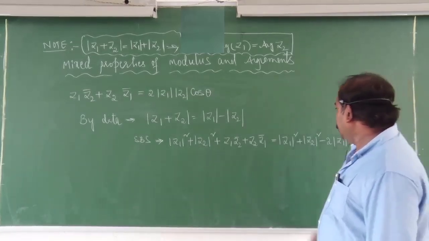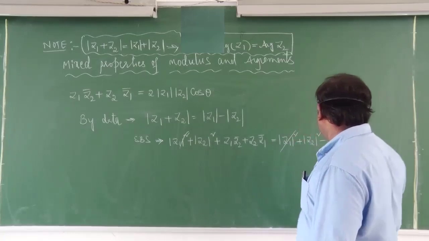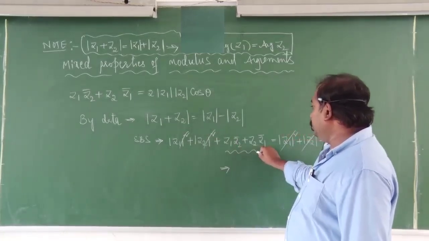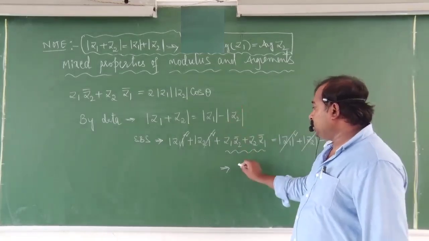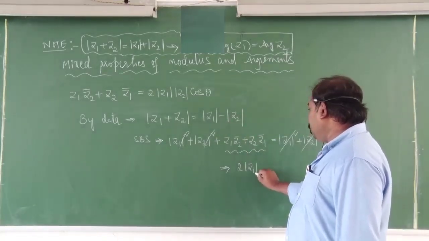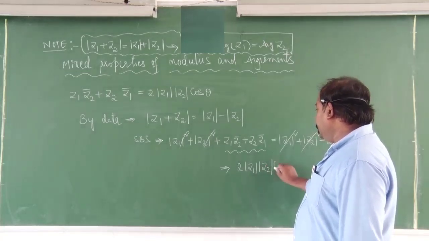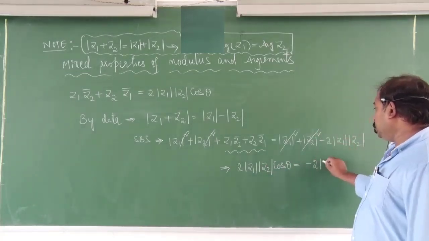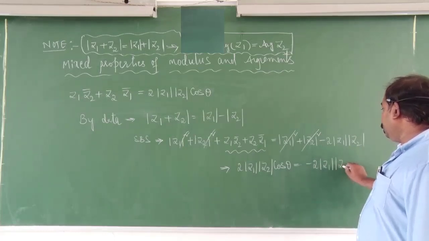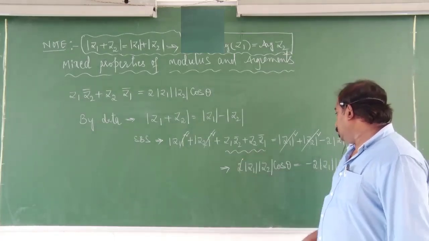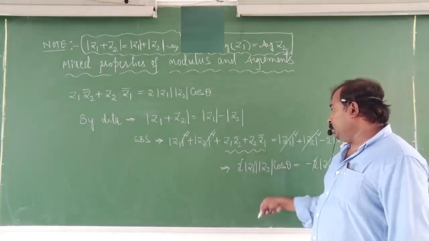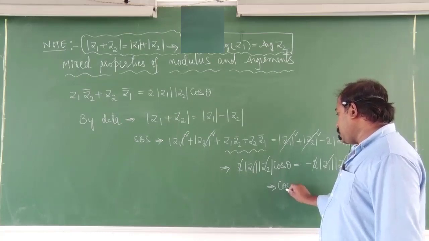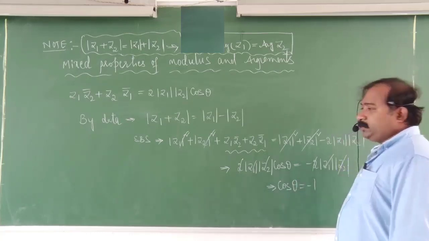Now this value cancels, then that implies, this value we got as 2 into mod z1 into mod z2 into cos theta equals minus 2 into mod z1 into mod z2. 2 mod z1 mod z2 cancel. Means we got cos theta is equal to minus 1.